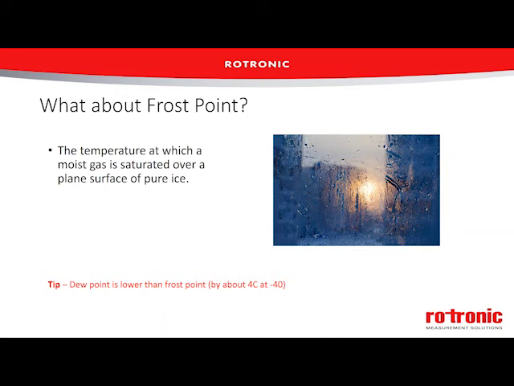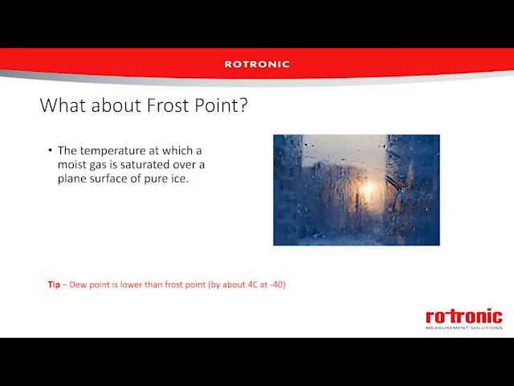Now, it's important for us to understand the difference between frost point and dew point because for a given temperature of frost point and dew point, it's referring to a different water content in the air. To put that into perspective, the difference between dew point and frost point at -40 is about 4 degrees C. So -40 dew point is equivalent to, I believe, about -36 frost point.